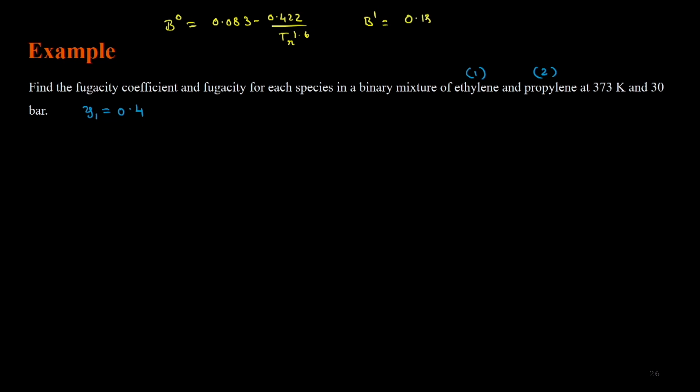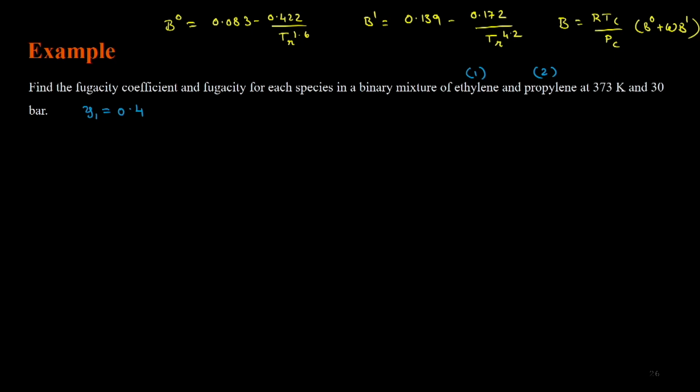These are the two virial coefficients related to the temperature or reduced temperature, and B of course is RTc by Pc, (B0 plus omega B1). We can use it to obtain all three virial coefficients: 1,1; 1,2; and 2,2, right.